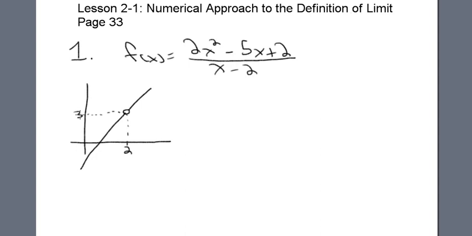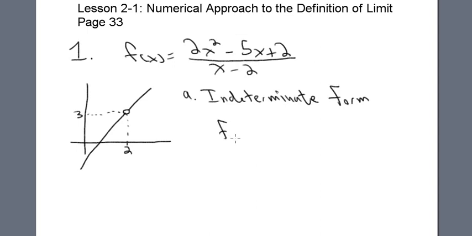First of all, it says, show that f of 2 takes the indeterminate form. So we need to discuss real quick what an indeterminate form is. So we'll do that by plugging 2 into our equation.